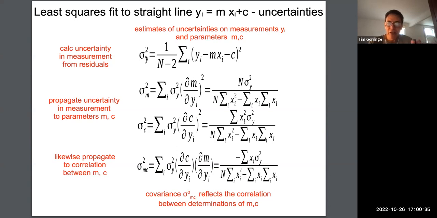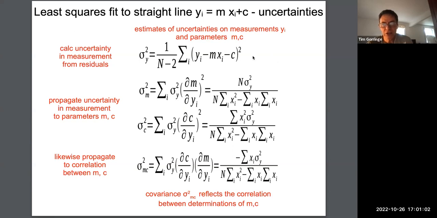Imagine you just had 2 data points. Obviously, with a straight line, you can put it exactly through both of those data points. It wouldn't make sense to calculate an uncertainty from that because you're not sensitive to it. And this factor says that it would be nonsense to do this for n equals 2.